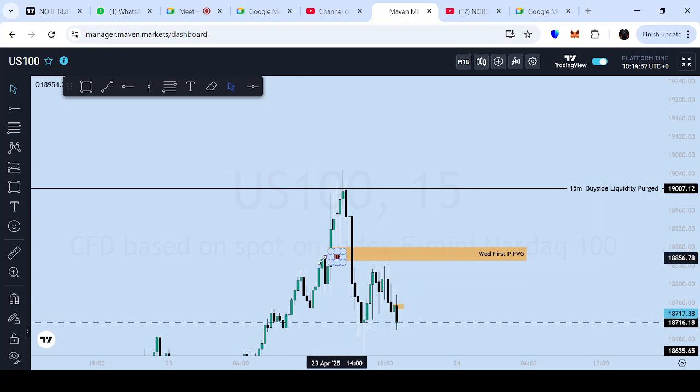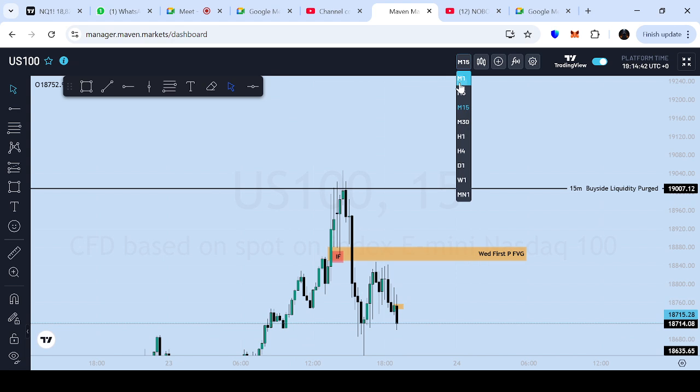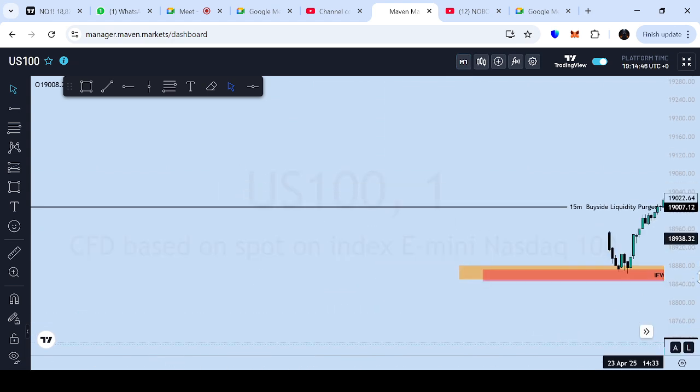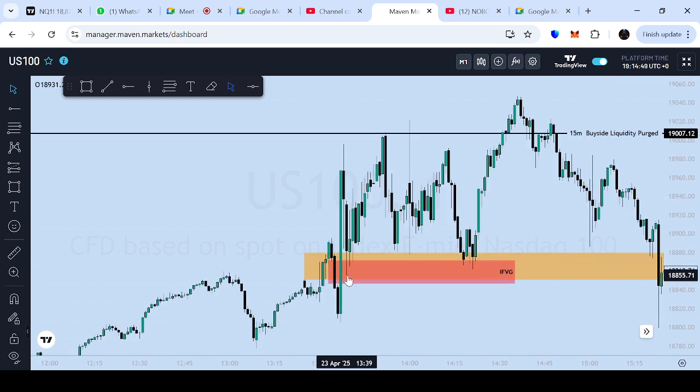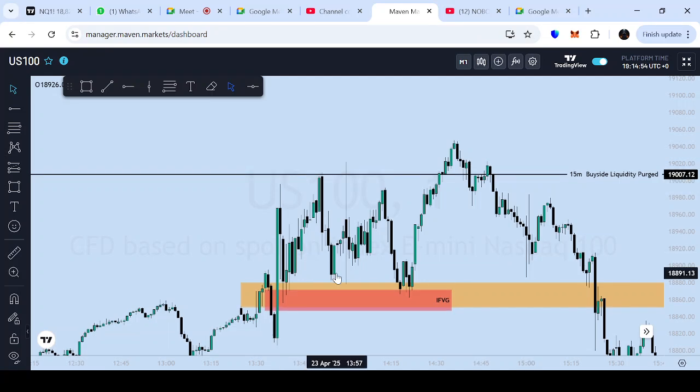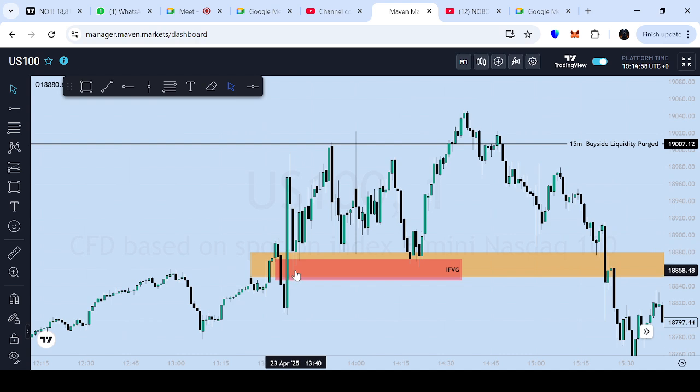That's the first fair value gap under 15 minutes. Go to the lower time frame, 1 minute. As price delivers inside the inversion fair value gap, you can see that the inversion fair value gap engineered price at that time of the day, 9:30 a.m., going to seek a liquidity.